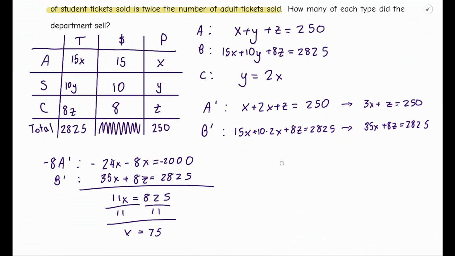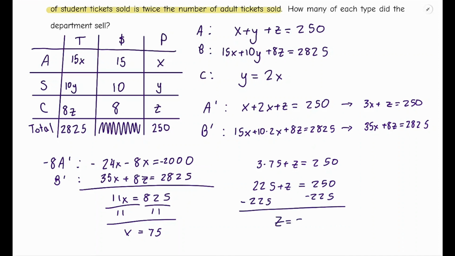So we get 3 times 75 plus z equals 250, which is, what's 3 times 75? 225 plus z equals 250. Subtract 225, subtract 225. We get z equals 25.